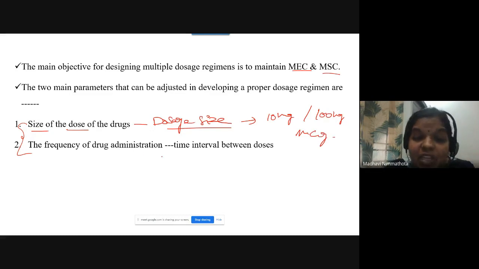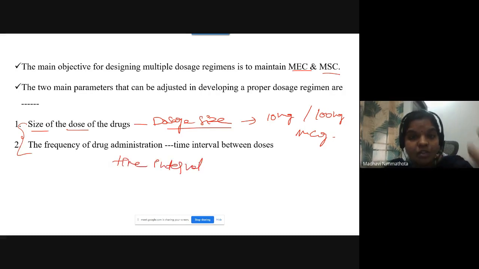The frequency of administration is the time interval we have to consider before taking the next dose of the drug, the time interval between the doses. What we observed in the previous slide was only a 6 hour duration. Similarly, the frequency of drug administration is the time interval between the doses.